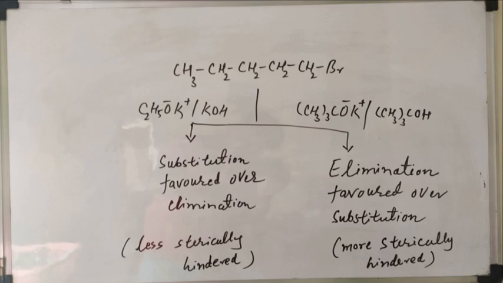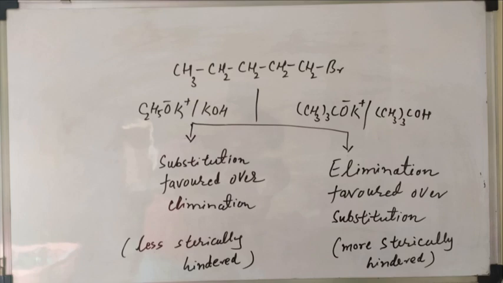So if the haloalkane is a primary haloalkane and the base is potassium ethoxide, it always favors the substitution reaction over the elimination, and if a bulkier base is used, it favors the elimination over the substitution reaction. And whether the reaction is substitution or elimination also depends on temperature.